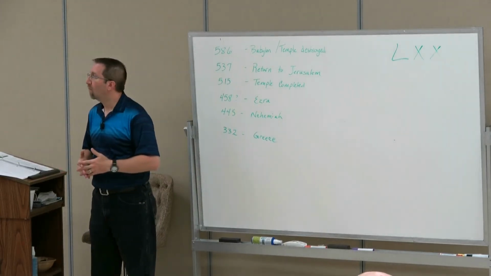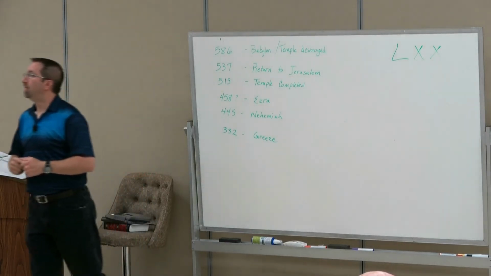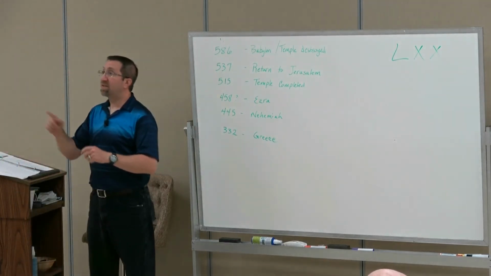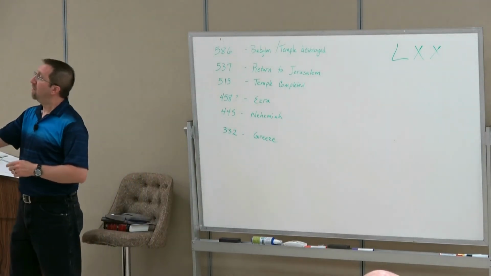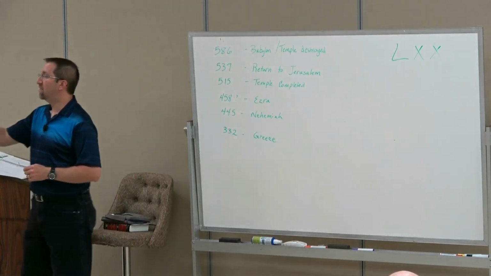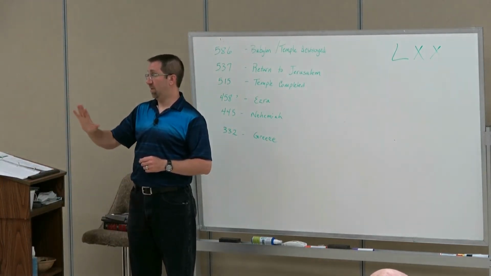Well, the Hebrew was called the Torah. The Septuagint was the translation of the Torah. The Torah, we don't have time. Let's talk about that next week. The Torah is the first 5 books of the Hebrew Scriptures.